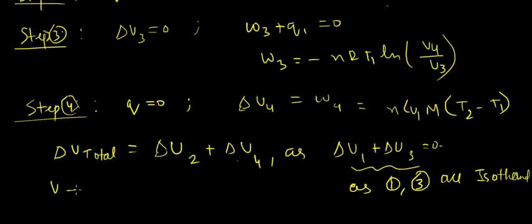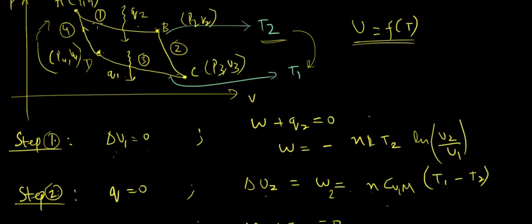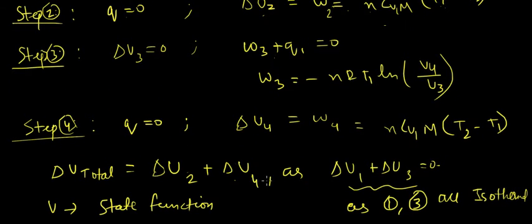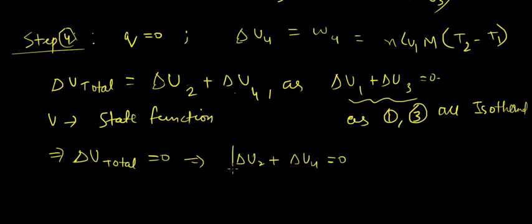Okay, now we also know that U is a state function, and as U is a state function and this is a cyclic process overall, we can write that delta U total would also be 0. So this implies delta U2 plus delta U4 would also be equal to 0.